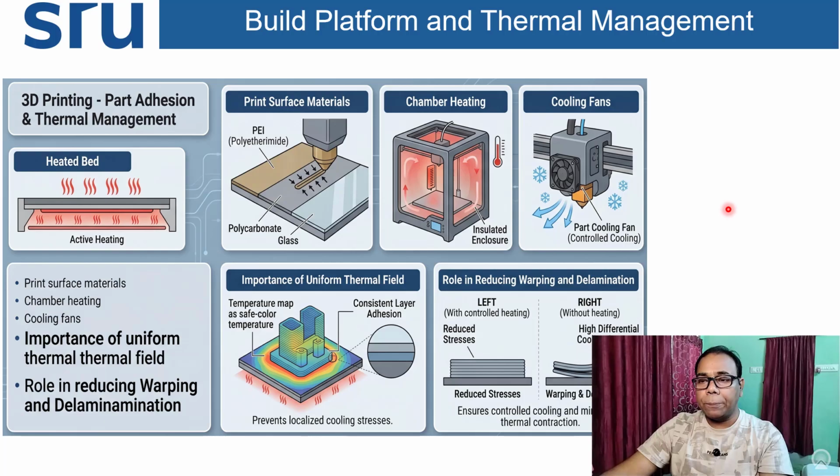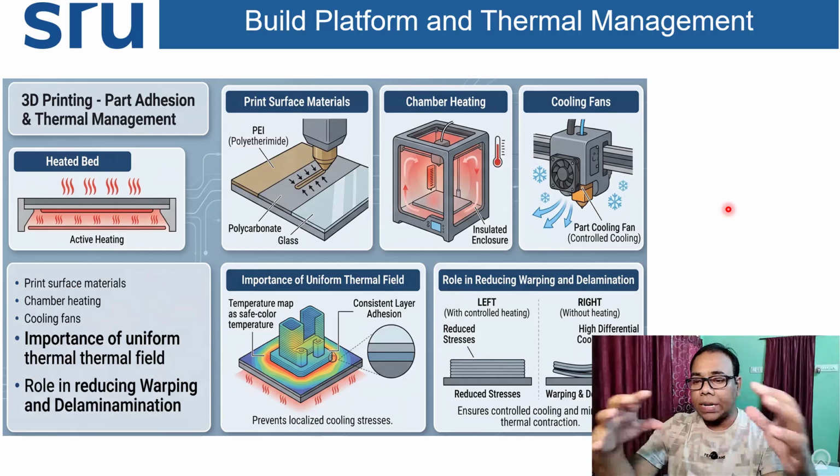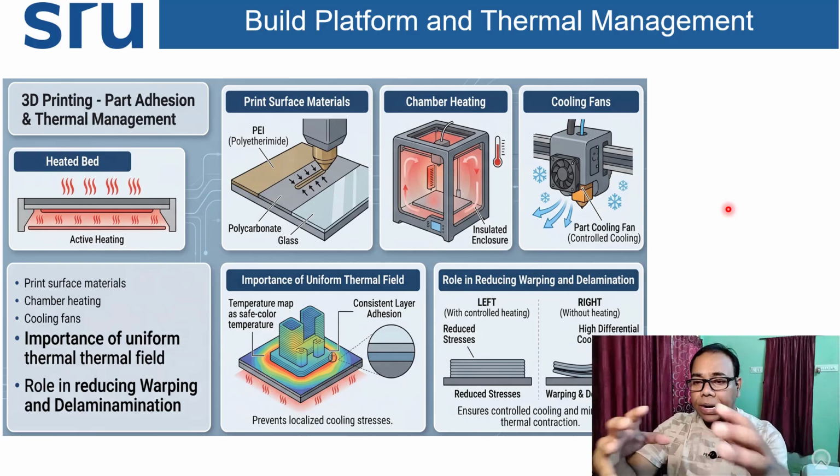Now coming to the build platform and thermal management. This is very important because heat is generated. That heat is basically meant only for heating the filament material, but there are certain other components in the printing machine itself. Those components will also be affected by the heat generated inside the build chamber.